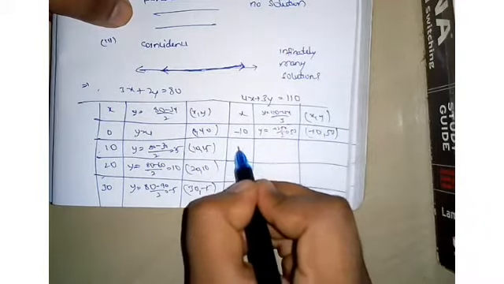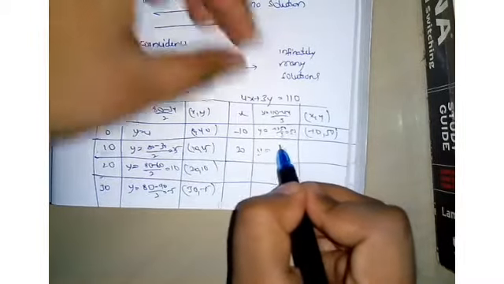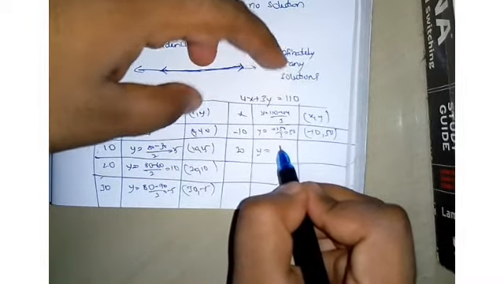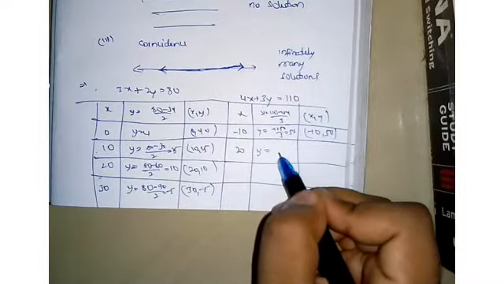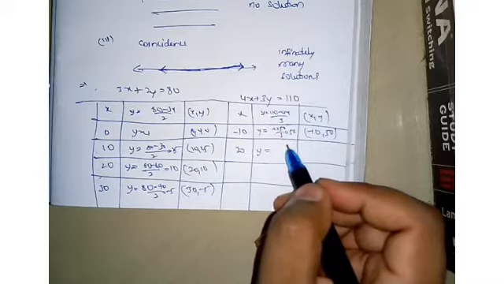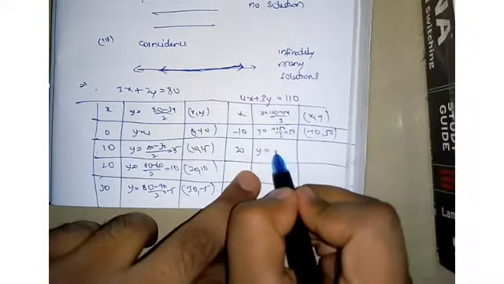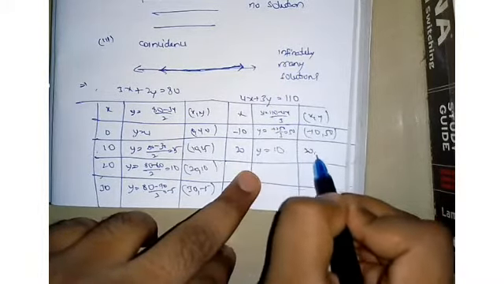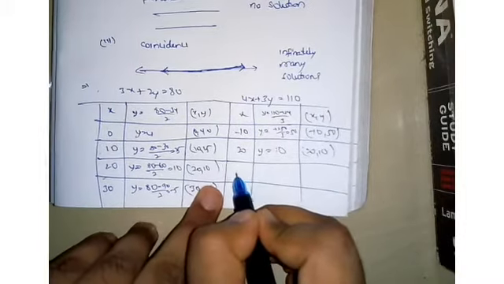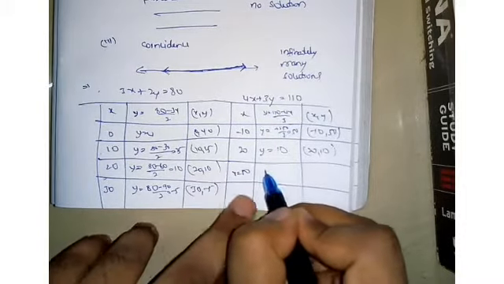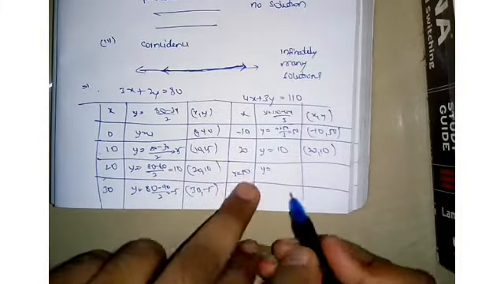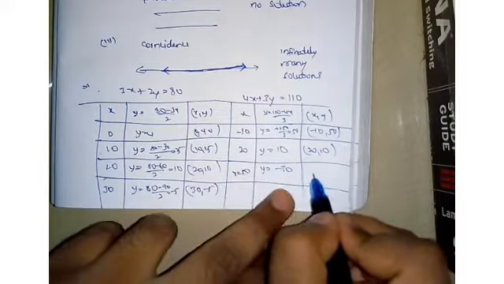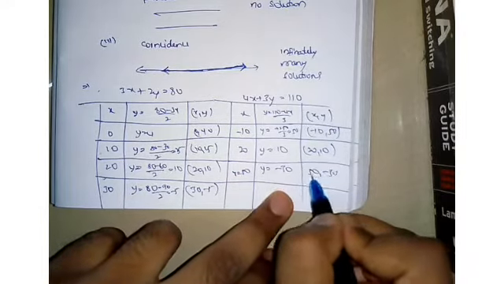And for x equal to 20, y will be 110 minus 80, which is 30 by 3 is 10, so it will be 20 comma 10. Third one, x is equal to 50, y is equal to 110 minus 200 is minus 90 by 3, it will be minus 30, so 50 comma minus 30. Let's plot these points on graph.